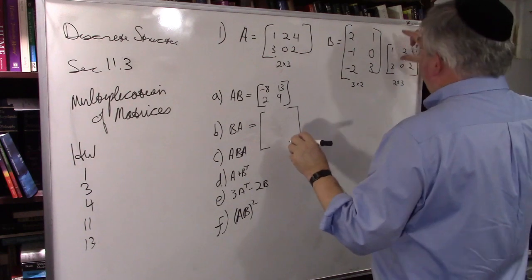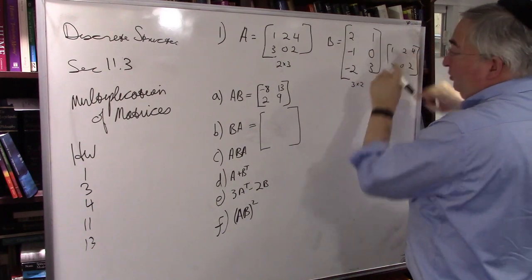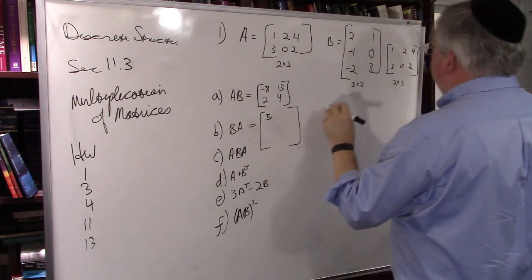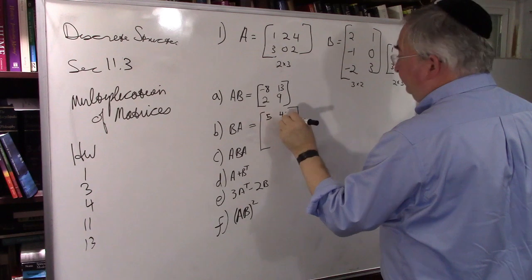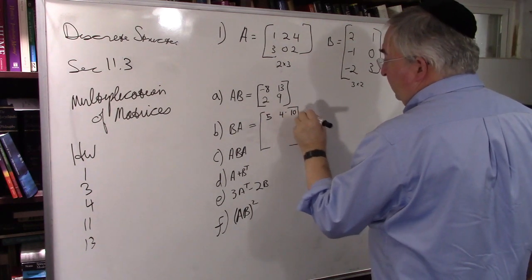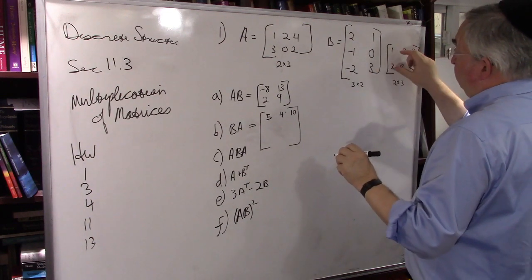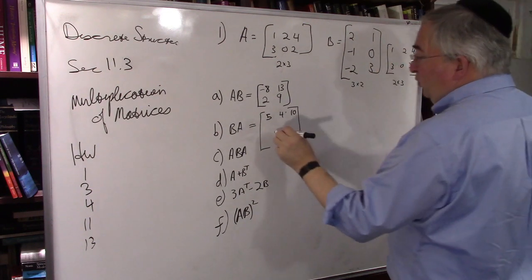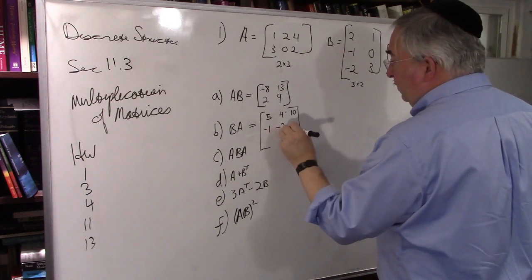So let's do it. This is 2 and 3 is 5. This is 4. This is 8 and 2 is 10. This is minus 1. This is minus 2.